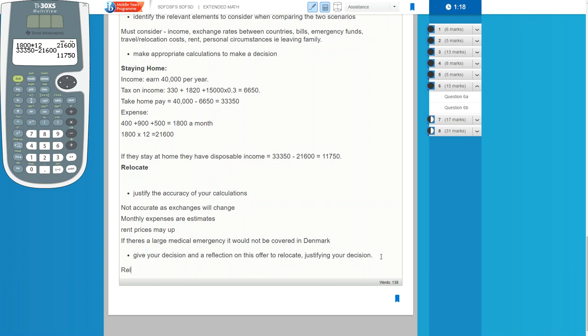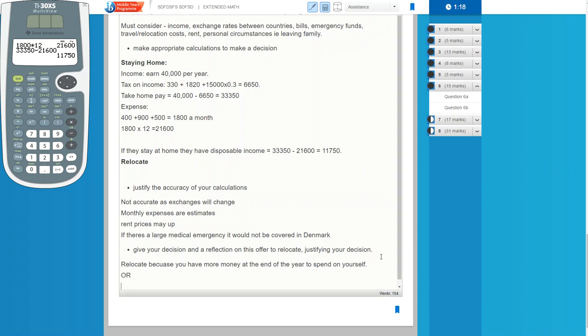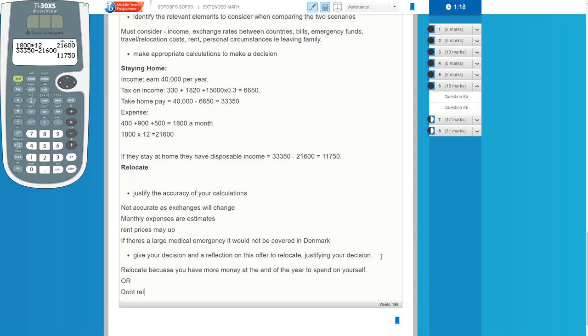Relocate because you have more money at the end of the year to spend on yourself or something like that. Or don't relocate as you will miss family, etc. Okay?